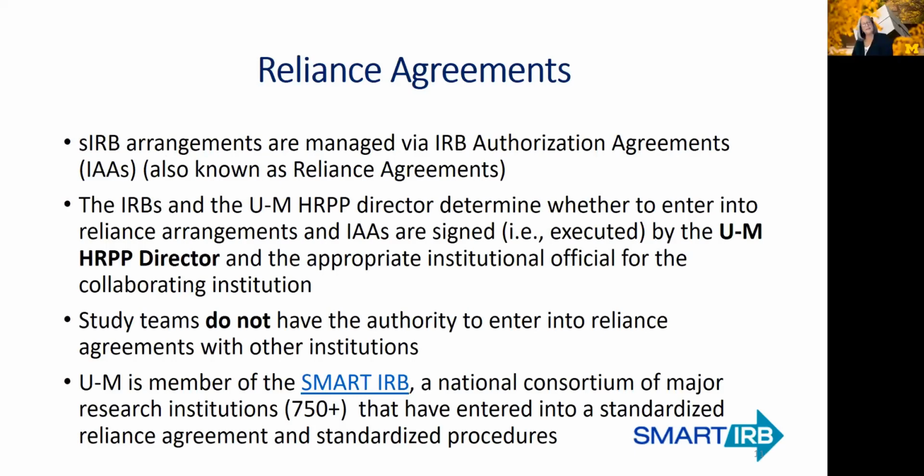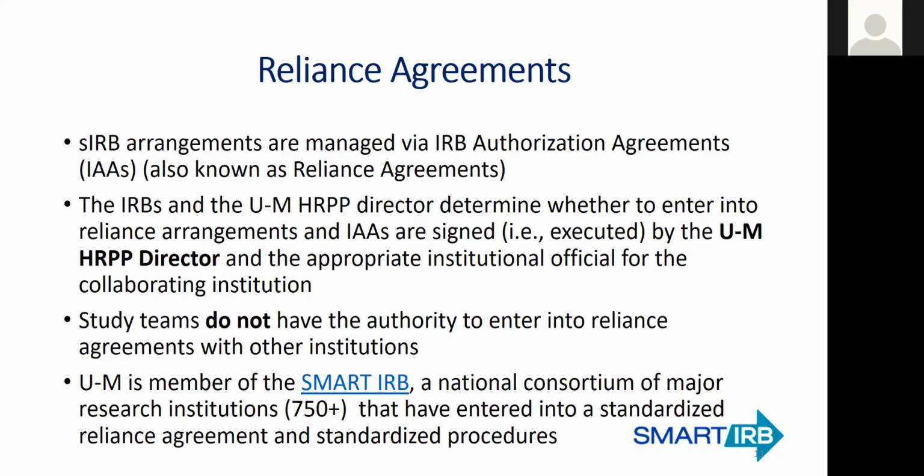So what's different about this? When we enter into a single IRB of record relationship with another institution, these are managed by reliance agreements, also known as IRB authorization agreements. And this is an agreement between institutions.